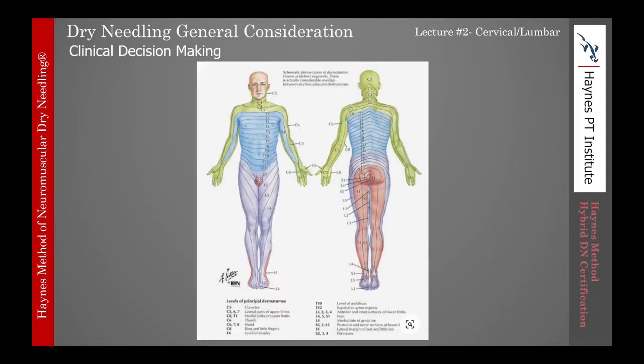So still on clinical decision making, looking at sensory deficits. Again, the idea is, are we dealing with an impingement in the central canal, at the foramen, at either of those two areas, or is it further lateral?